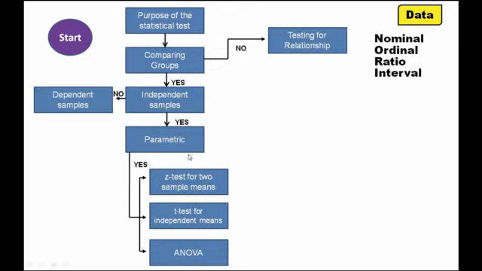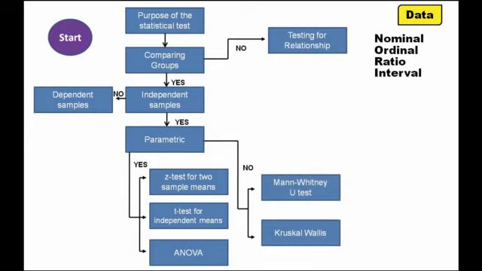Then, after parametric, if in case that the data that we are going to use is an ordinal data, meaning it focuses on ranks. Okay. Now we have to use the non-parametric test. Under the non-parametric test, we do have 2: the Mann-Whitney U test and the Kruskal-Wallis.